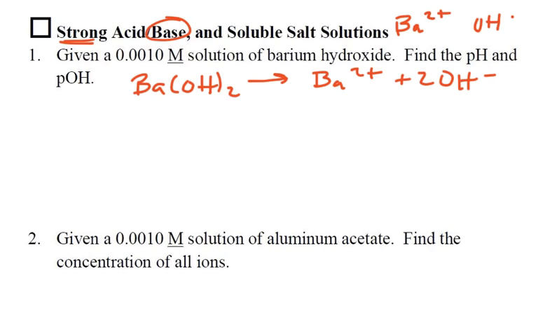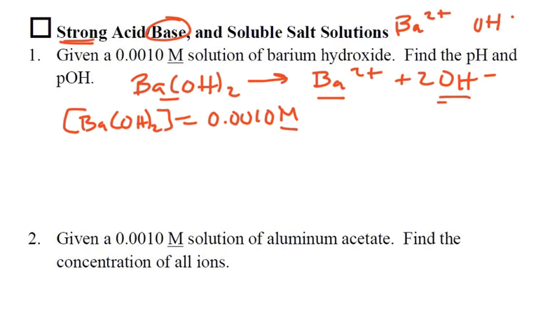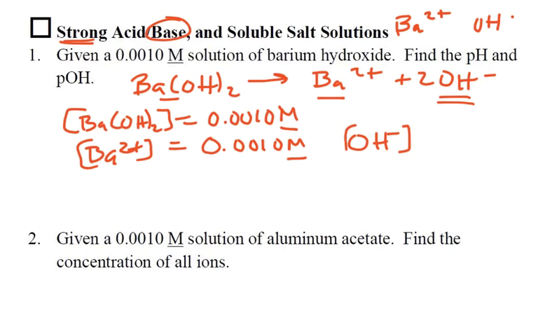We're given in the problem that the concentration of the barium hydroxide is equal to 0.0010 molar, and since every one of those barium hydroxides breaks up to give 1 barium and 2 hydroxides, then very simply the barium ion concentration is going to be the same as the barium hydroxide, 0.0010 molar, and the hydroxide concentration is going to be double that, so 0.0020 molar.